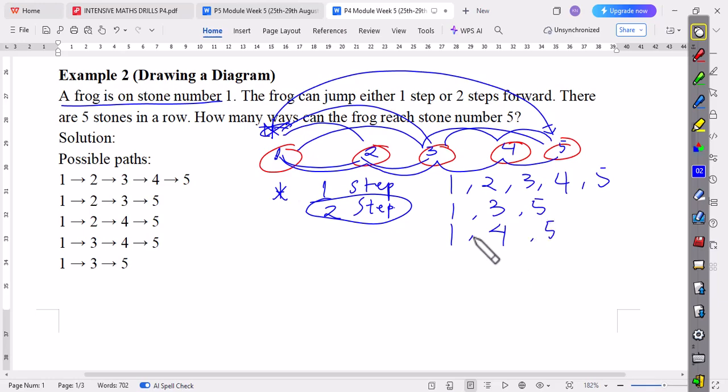What if the frog jumps two steps directly, one to three and three to five? One, three, five.